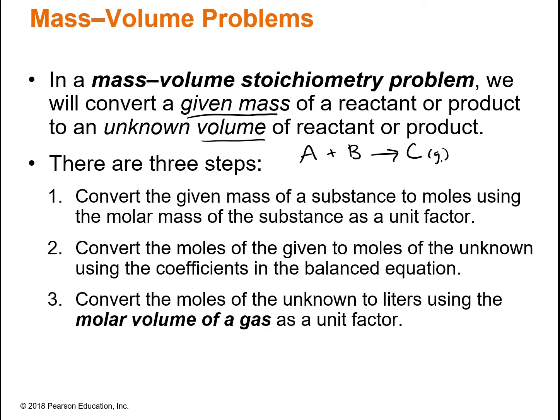So let's say that our product is a gas, and we're starting with grams of A. We're going to take those grams of A and convert them to moles. That's always the first step, taking whatever you have and getting to moles. Then you use a mole ratio to get from moles of A to moles of C.